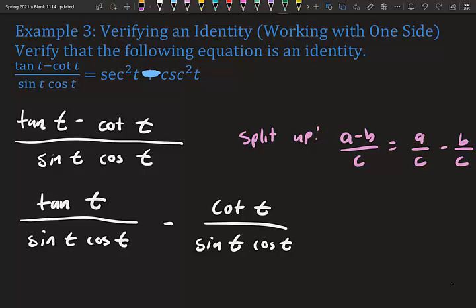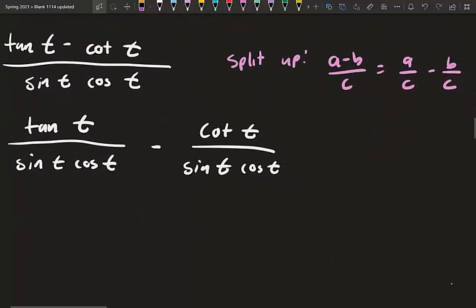Okay, we need to get rid of the fractions, because we're not allowed to have fractions since it's secant squared t minus cosecant squared t. So we need to get rid of the fractions, and to do that we need to get rid of the numerators. How we do that, remember a over b actually came from a times 1 over b.